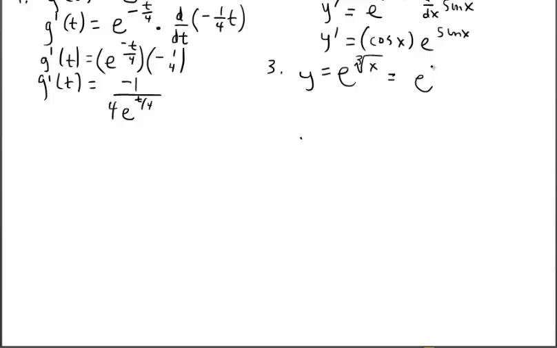So this looks like y equals e raised to the x to the 1/3, and I want y prime. The outside function I've identified is not natural log, it's not a power function, it's e. Leave the inside function alone, times the derivative of the inside function, the u. Well, I've rewritten it here as x to the 1/3, so it's going to be the derivative of x to the 1/3. It's easier to differentiate as opposed to in radical form.